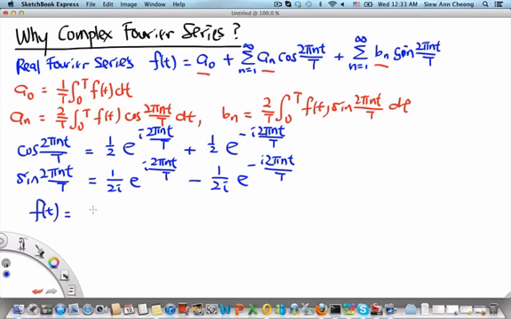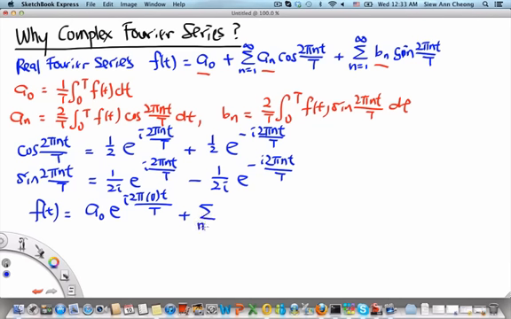be written as, well, the constant term can of course be written as a0 times e to the i 2 pi 0 times t divided by capital T, and then plus, because each of the cosines and sines become two terms, we're going to have altogether 4 different sums.